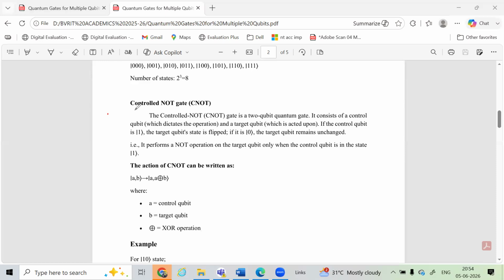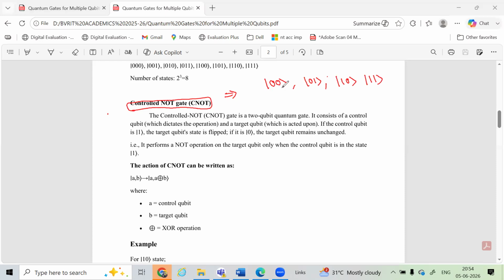This is like the controlled NOT gate, the CNOT gate. Here the thing is, in case of 2-bit, we just discussed the 0, 0 state, 0, 1 state, 1, 0 state, and 1, 1 state.